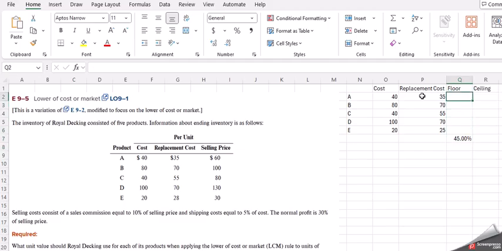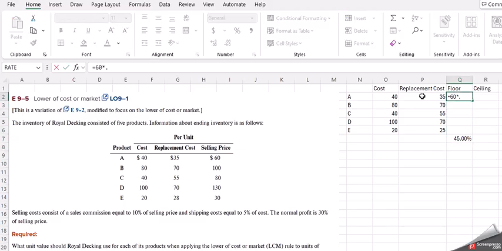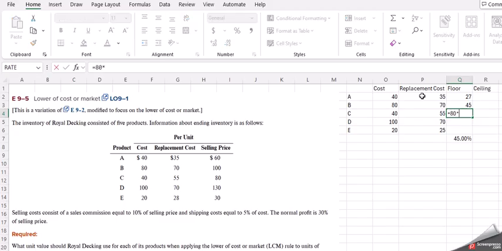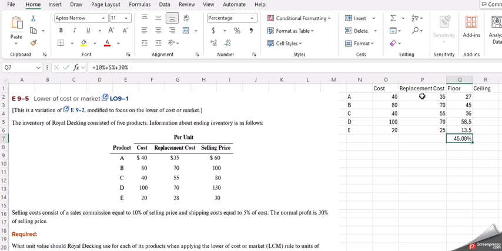So then I take my selling price of 60 times 0.45, and then 100 times 0.45, and then 80 times 0.45, and then 130 times 0.45, and then 30 times 0.45.